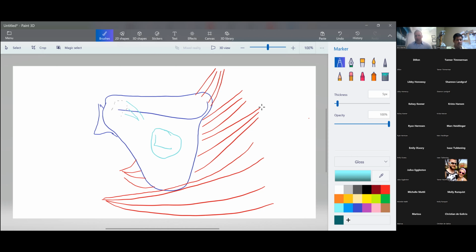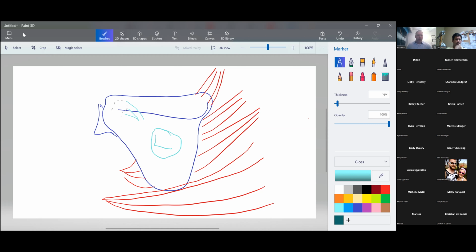Rhomboids the second, and pec minor the third. Now, not necessarily in that order. I would say the pec minor is probably the second most common, because its innervation comes from lower in the cervical spine, and it tends to get irritated when there's upper thoracic dysfunction. But levator scap is by far the most common.